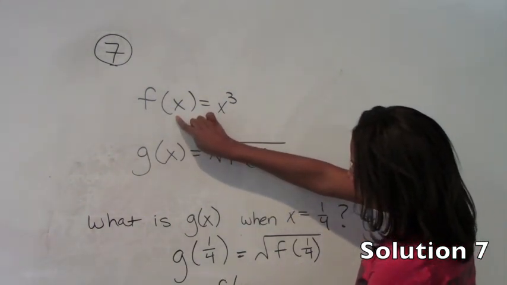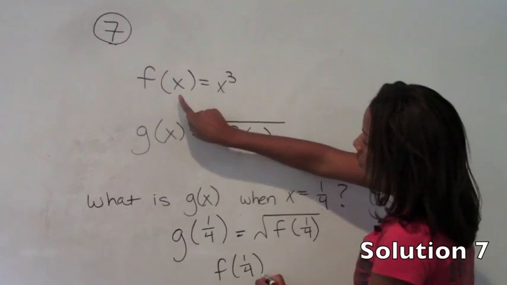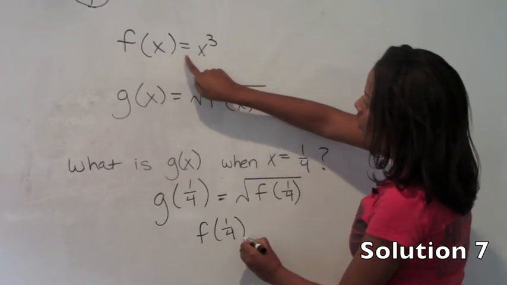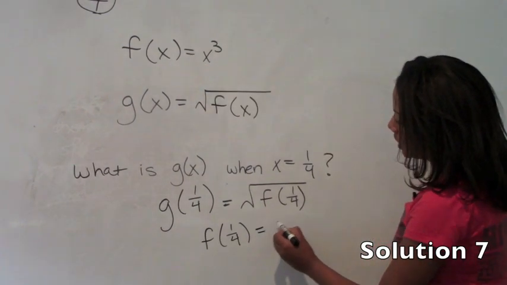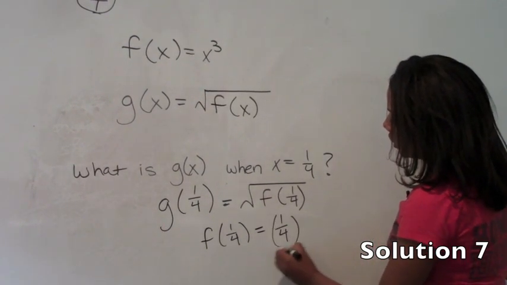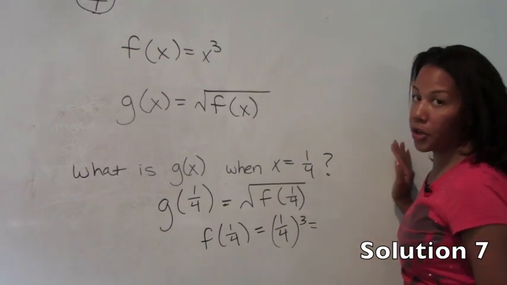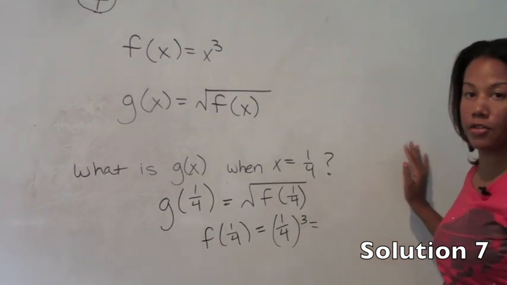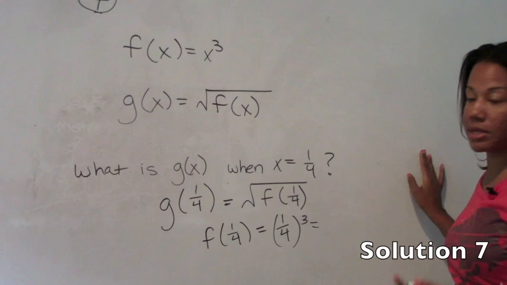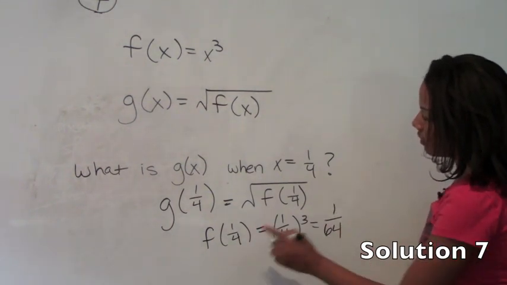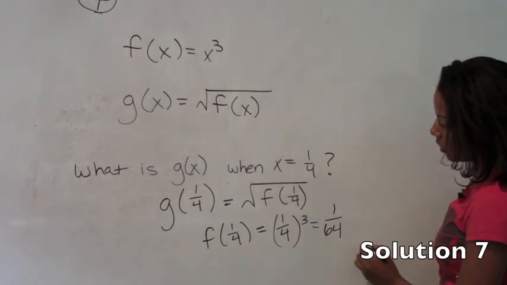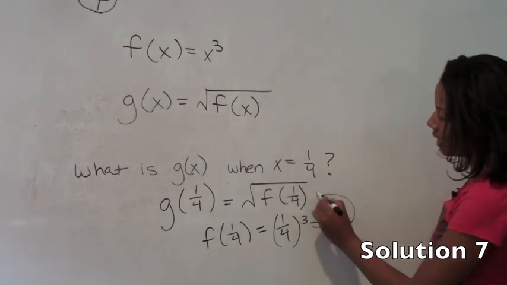So f of 1/4, so if we're substituting 1/4 in for x, we have to substitute the 1/4 in here as well. F of 1/4 is equal to 1/4 cubed. 1/4 cubed is 1/4 times 1/4, which is 1/16, times another 1/4, which is 1/64. So f of 1/4 is equal to 1/64, and we simply plug that in here.